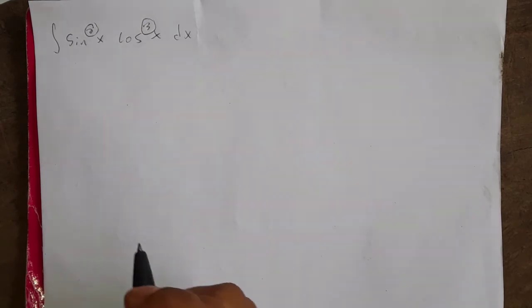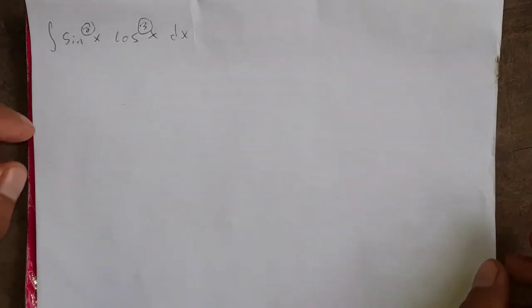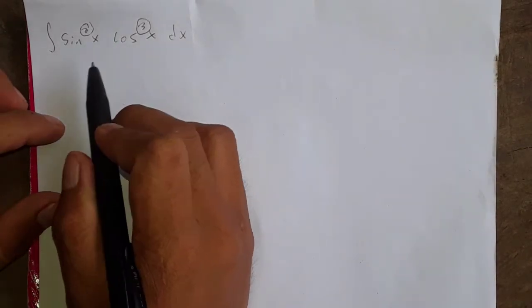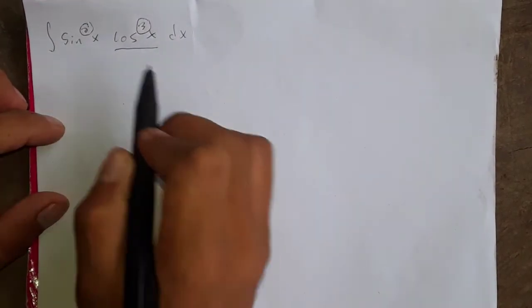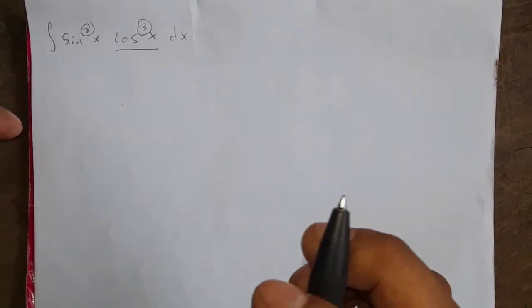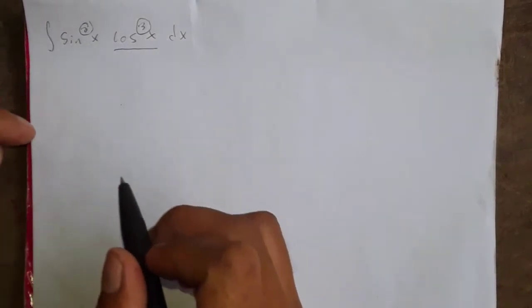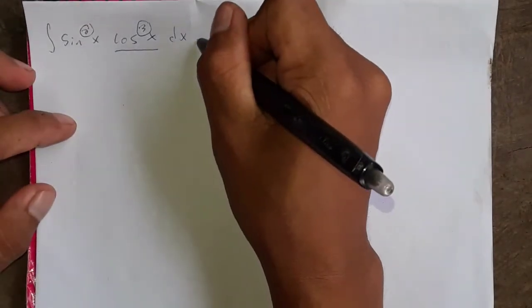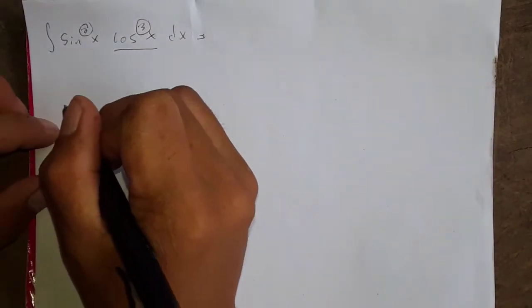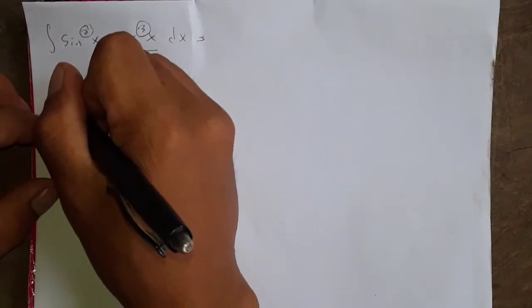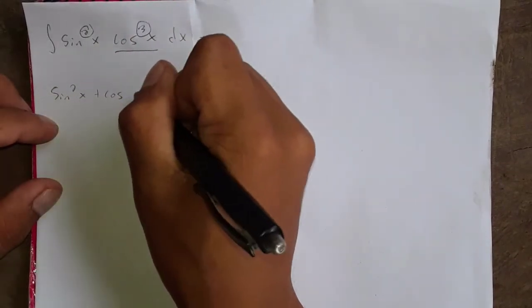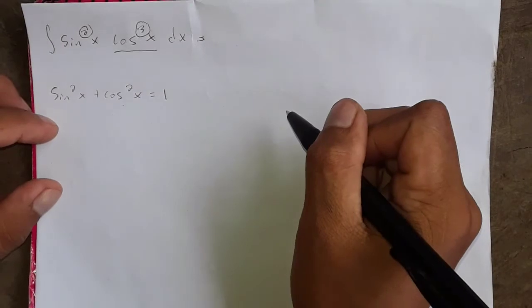So in order to satisfy the formula, we're going to break down the function that has an odd exponent, and we're going to use the Pythagorean identities to substitute. Our Pythagorean identity is sine squared of x plus cosine squared of x equals 1.